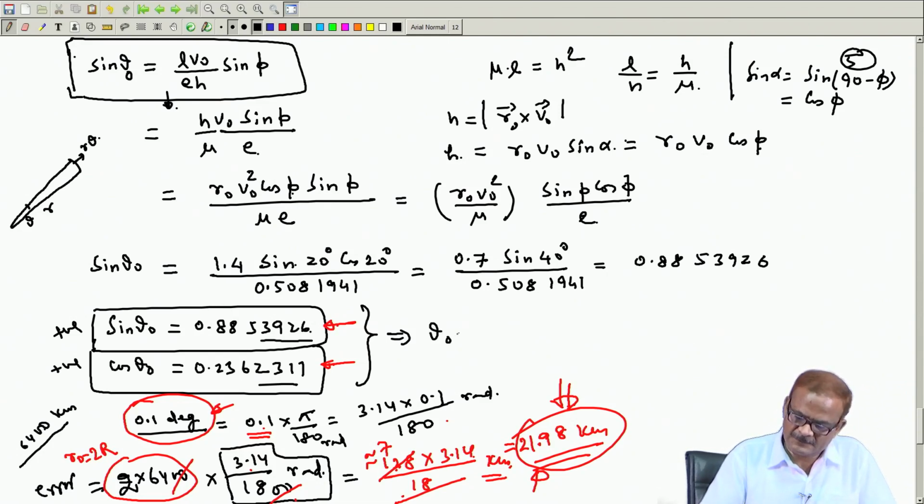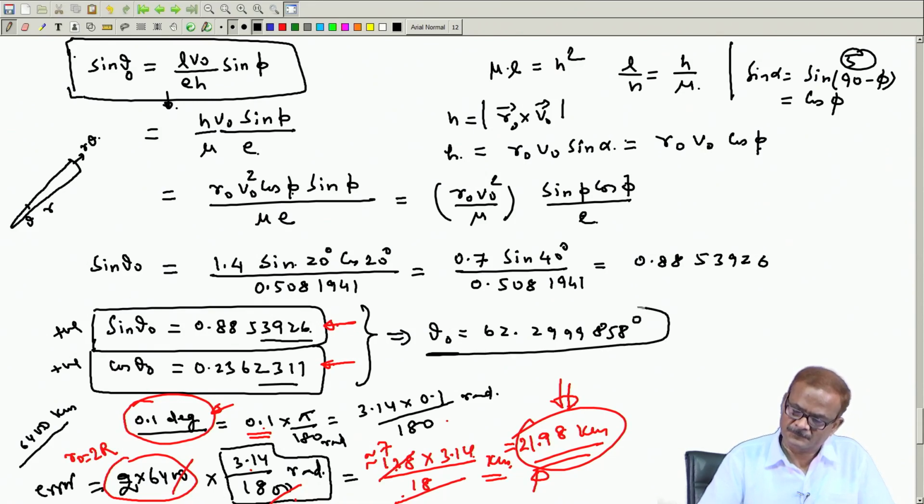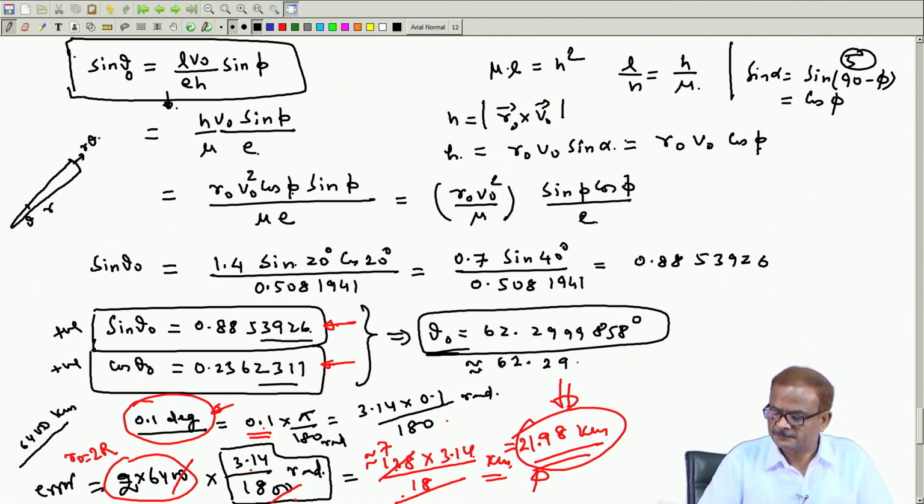This turns out to be 62.2999858 degrees. If we approximate, this is almost 62.3, and we are approximating to this place.